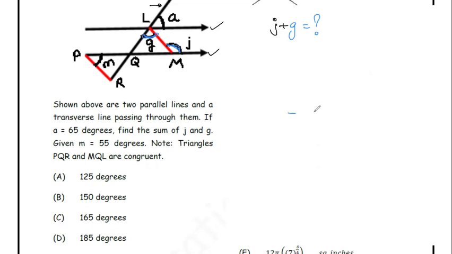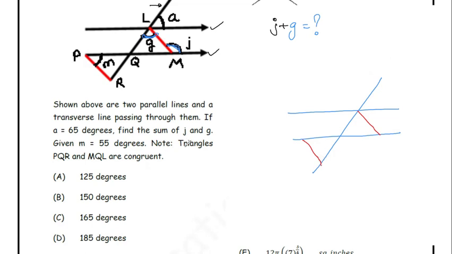So I'll redraw it for you. So we have M is 55. They've given us this one out here and this one out here.